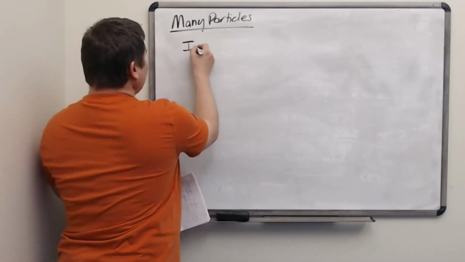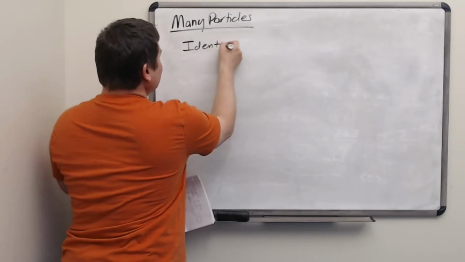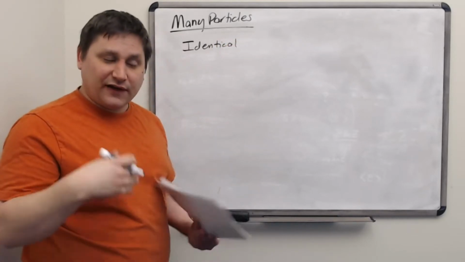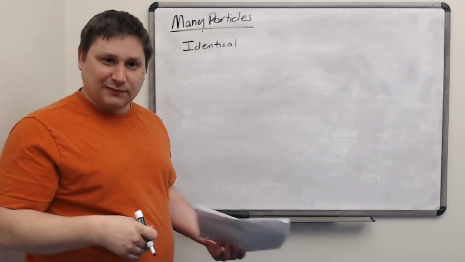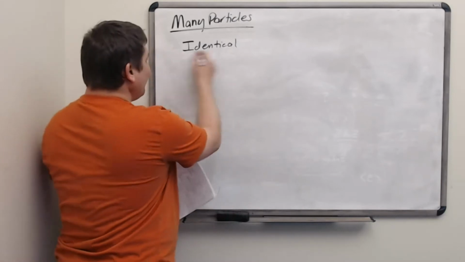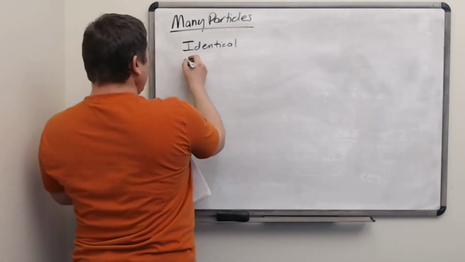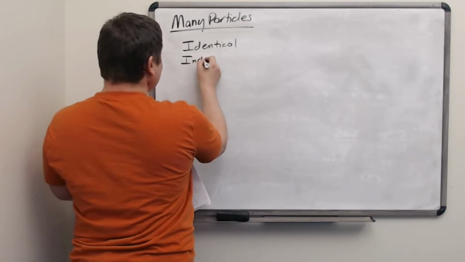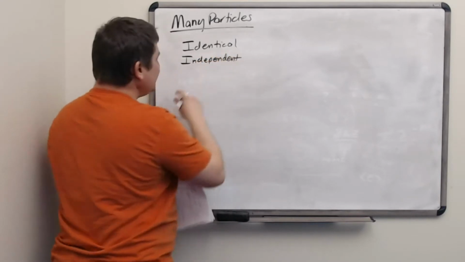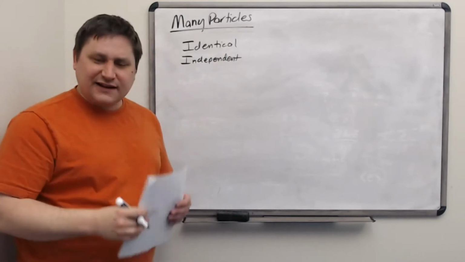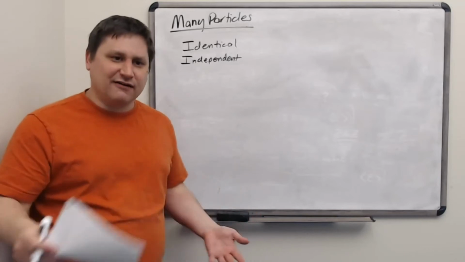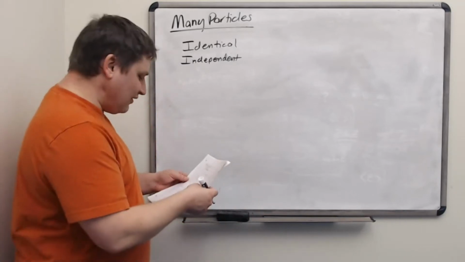Okay, so first of all, maybe we have a system of particles where they're all identical to each other, so they all have the same microstates available, like a big collection of atoms that are all the same atom. So they're all identical and they're all independent. Each entity is in its own microstate, and it doesn't care about any of the other microstates to figure out its energy. It's all on its own.